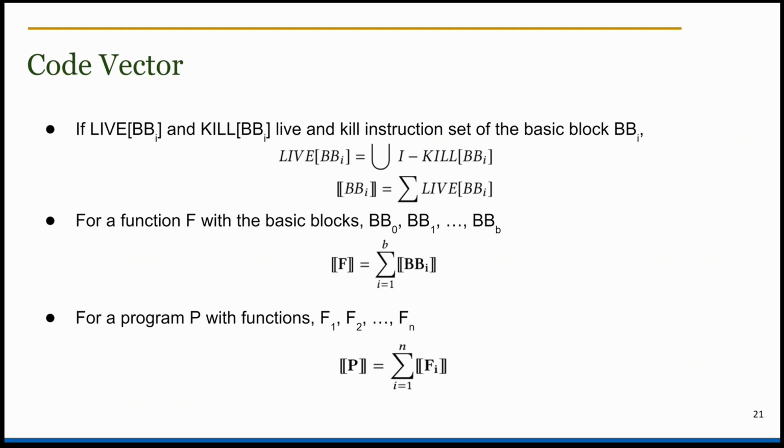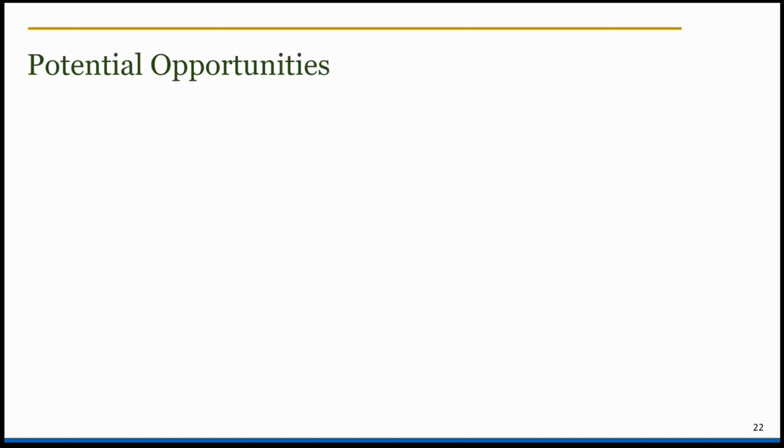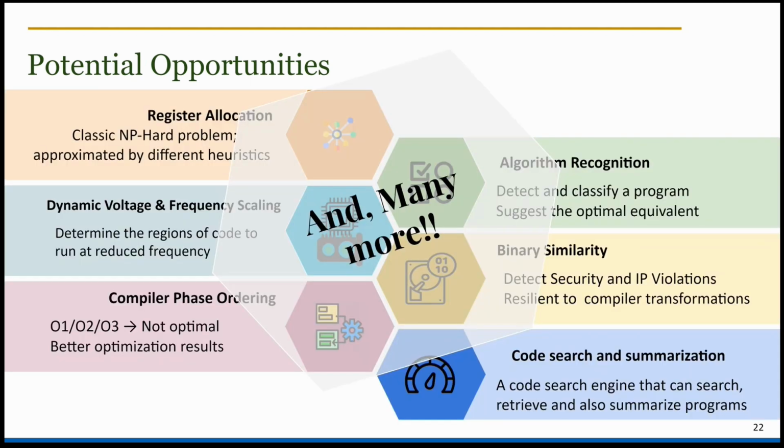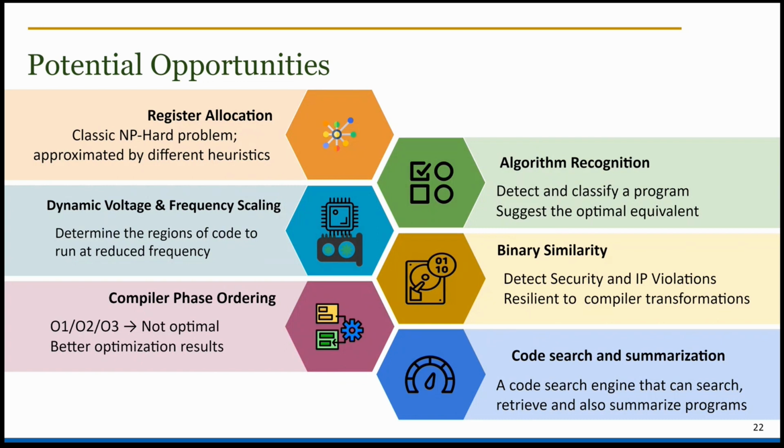For a function, the process is similar: a summation of all the basic block vectors would give a function, and a similar thing happens for a program. Yes, and what can we do with these vectors? As we have seen, there are several possible opportunities, compiler optimizations or software engineering applications. I'll not go through this again, but just for the sake of completion, I have listed it here.